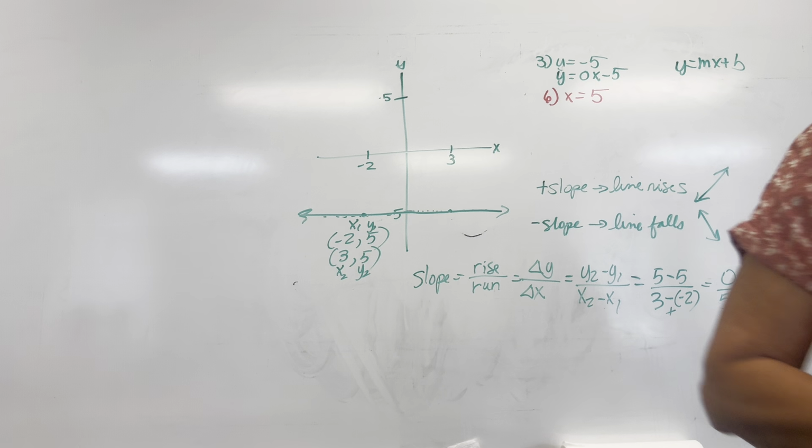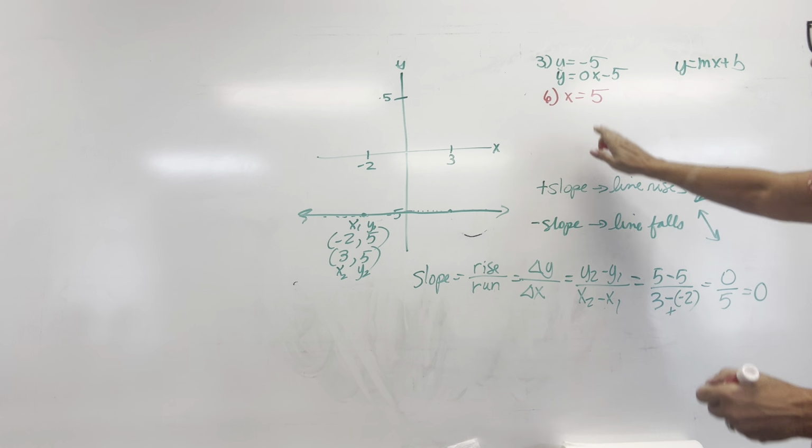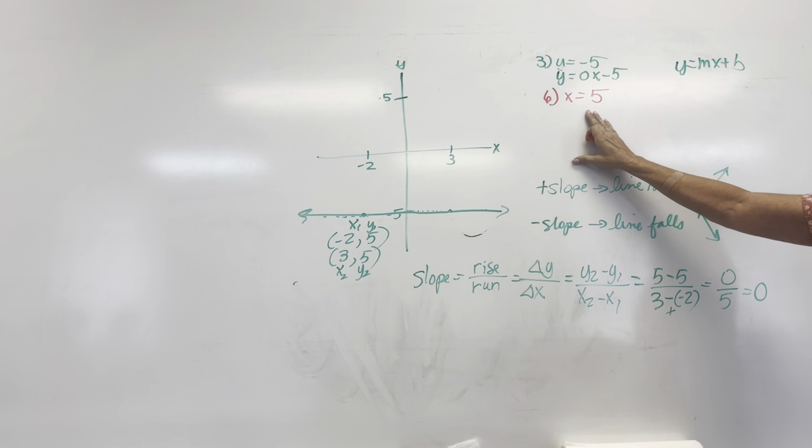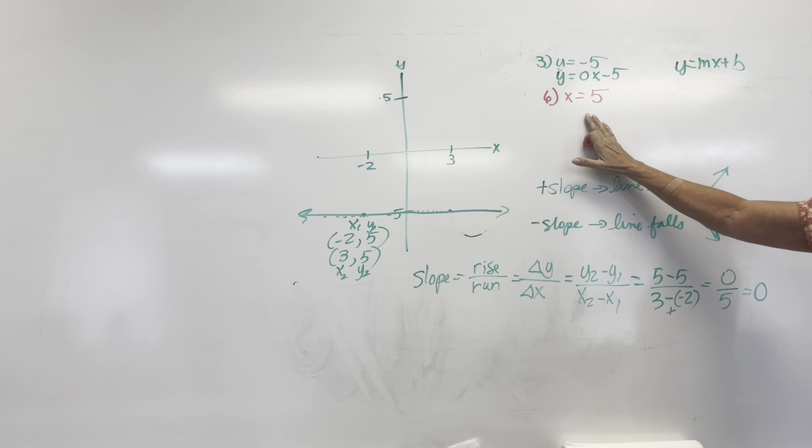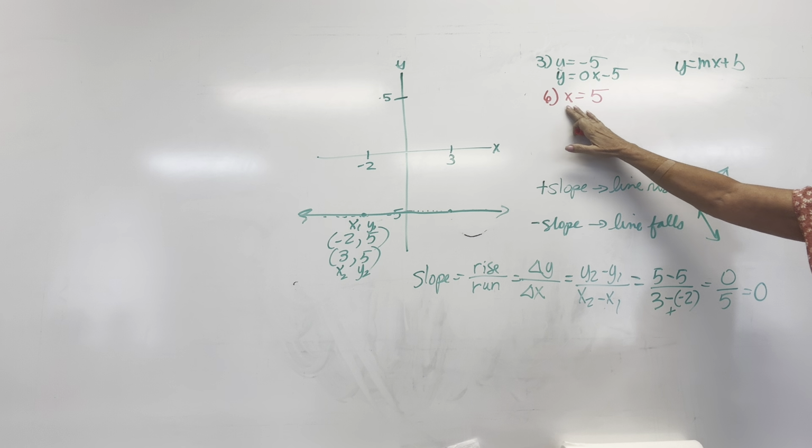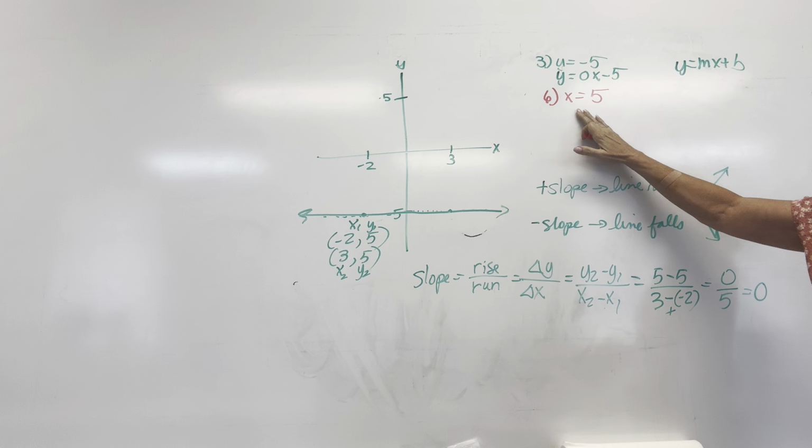Always. Now let's look at x equals 5. On this line, there's no y. We could write 0y, but it makes 0 sense to do that. Every point on this line, what's the value of x? 5.